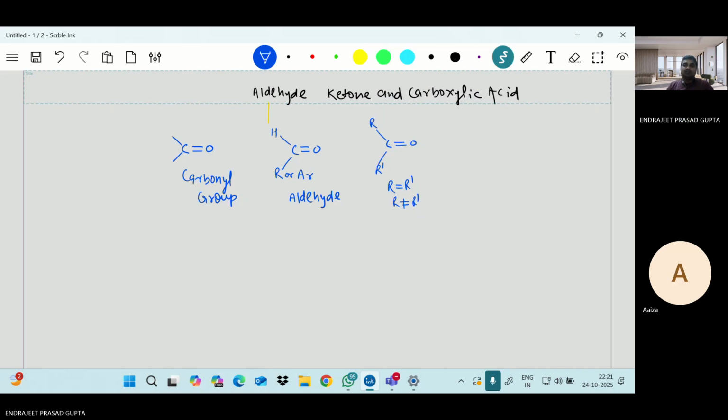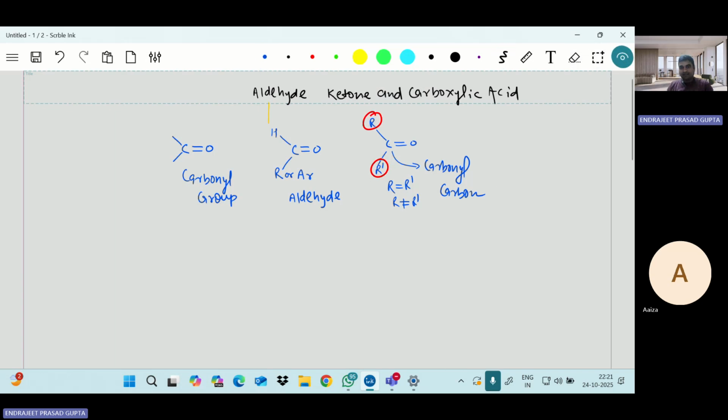This carbon is called carbonyl carbon. If this carbonyl carbon has two alkyl or aryl chains, this will be considered as ketone. And if there is only one carbon chain, so this is aldehyde.